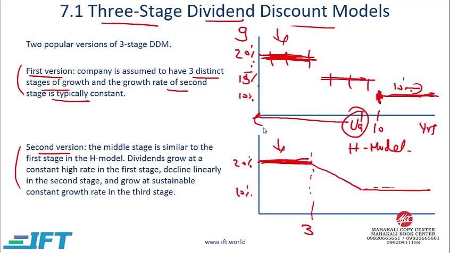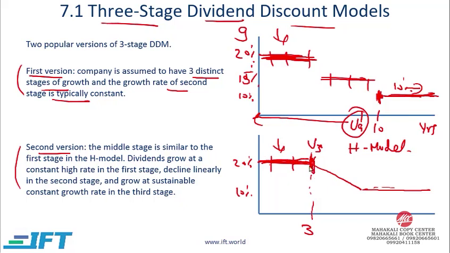What about the second version? Here you will take your 1, 2, 3, these 3 dividends and discount them back individually. And then what is the value at time 3? That will be computed using the H model. So instead of D0, what will we plug in? D2, D3 or D4?